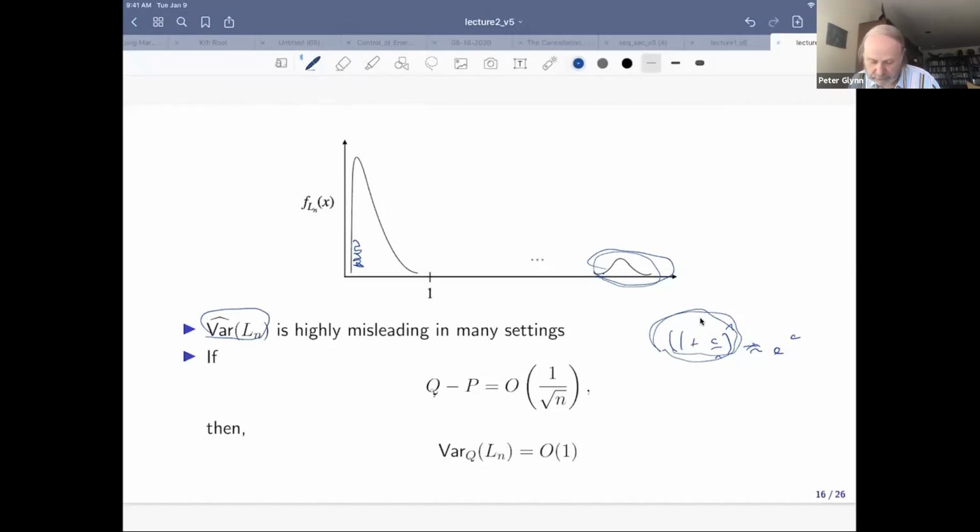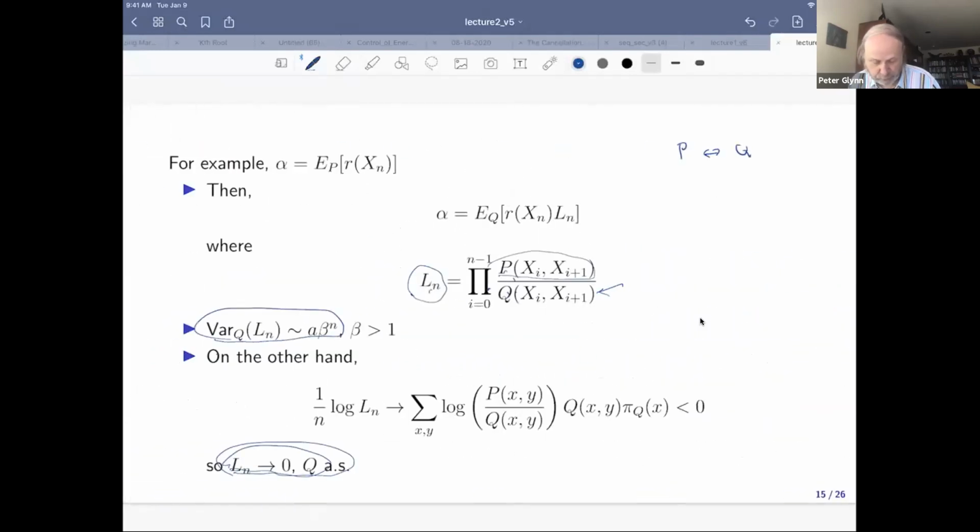Turns out you can actually use a 1 over root n perturbation, and you still get the fact that the likelihood ratio, when you perturb in that way, no longer blows up exponentially, but is well behaved, even for large time horizons n.